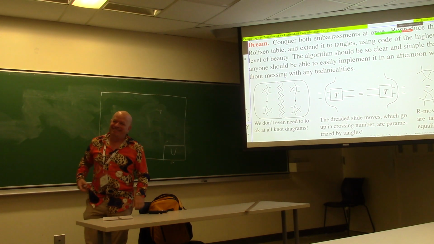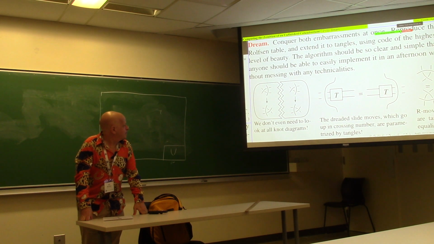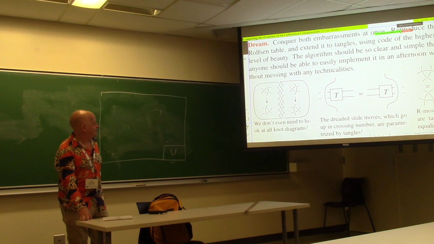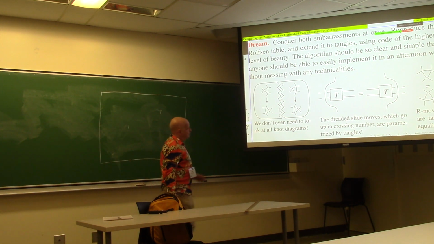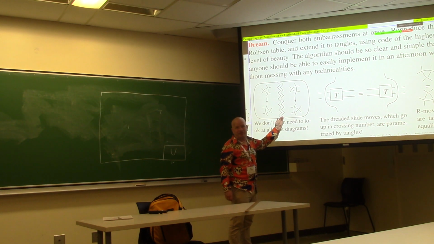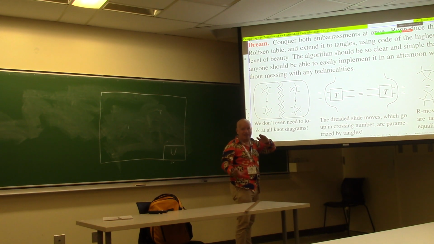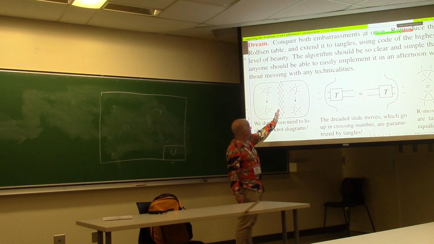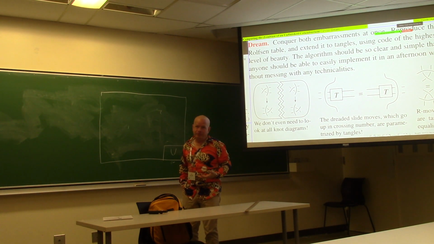Sorry, can you please say again, what do you mean we don't need, in the left lower corner, we don't even need to look at all knot diagrams? Suppose I have a big knot, and I cut it in half, okay? And I study tangles along with studying knots, and in particular, each half is a smaller tangle, so I've already studied it.